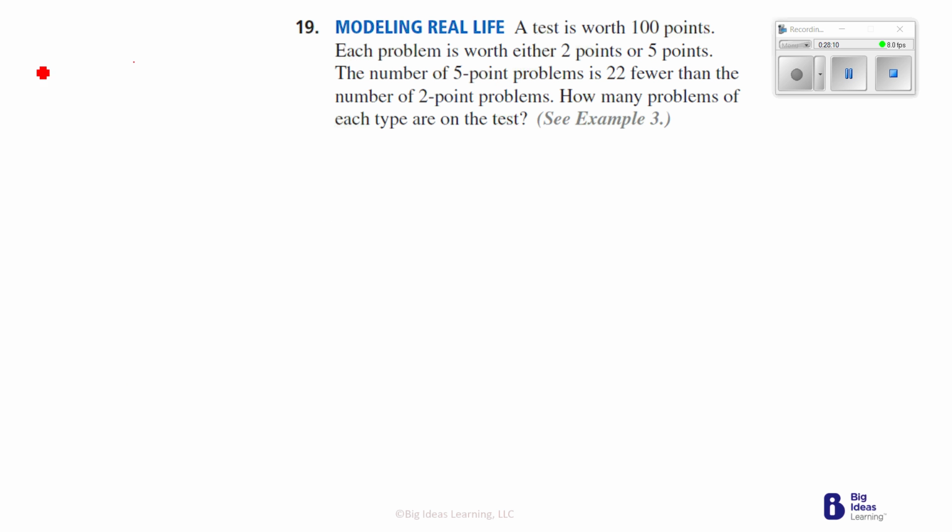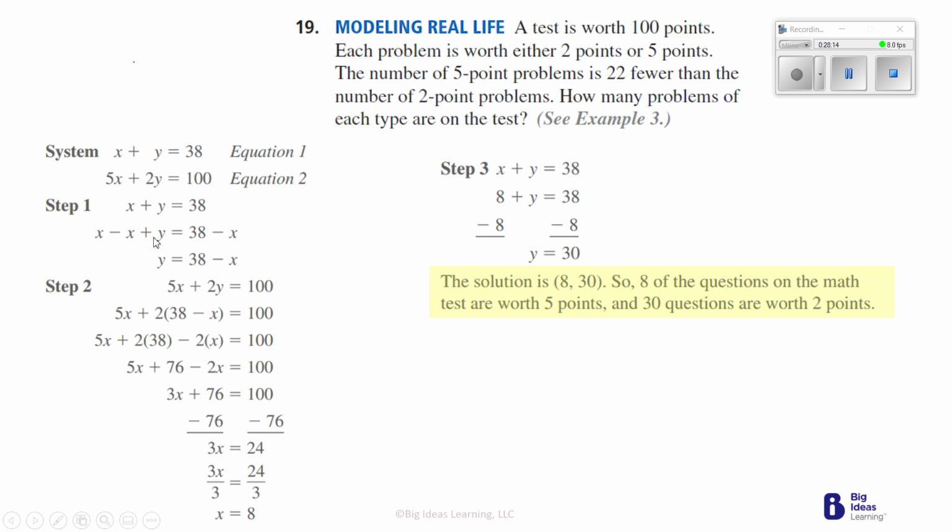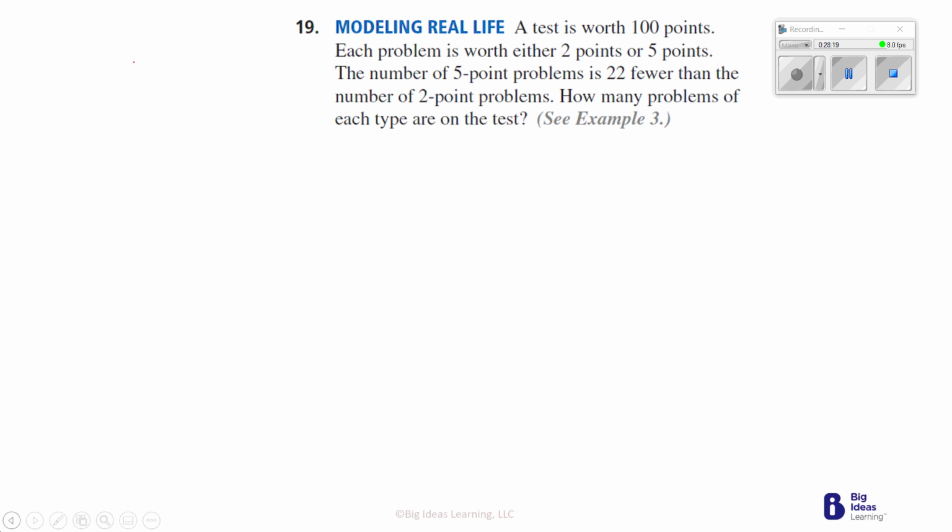So the first one we had right, and that one was the one that they did have correct. 5x plus 2y does equal 100. So let's write that one out: 5x plus 2y does equal 100. Now we've got to do this other one, and it's saying that the number of 5-point problems is 22 fewer than 2-point.